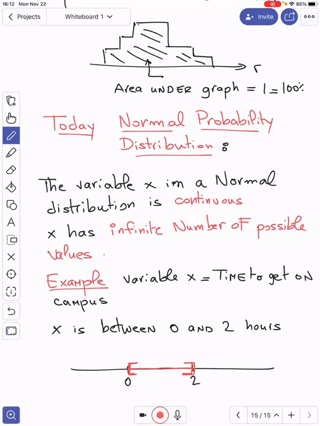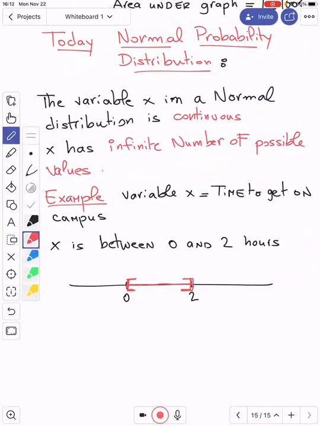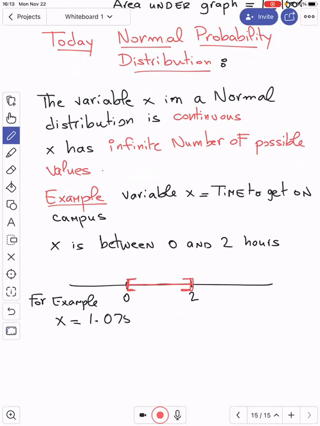So for example, X can be a decimal. X can be 1.075 hours, or X can be 0.972 hours, etc. Between 0 and 2, there are an infinite number of real numbers.